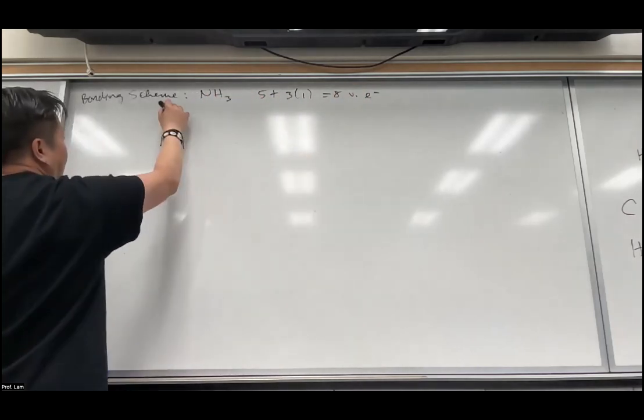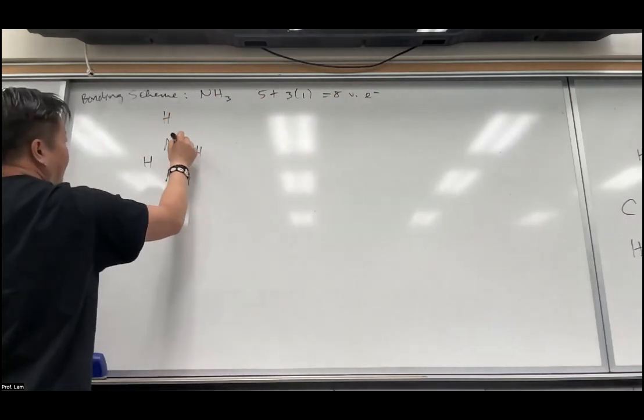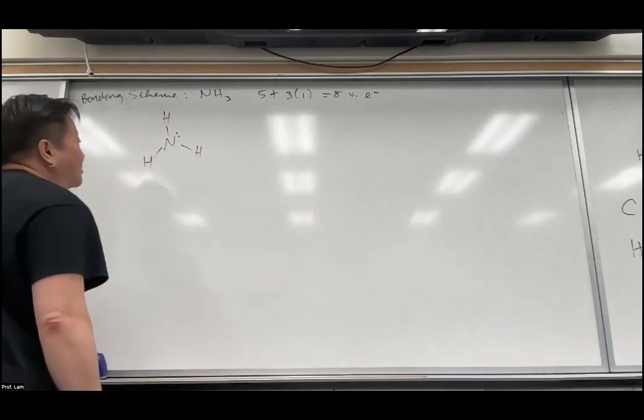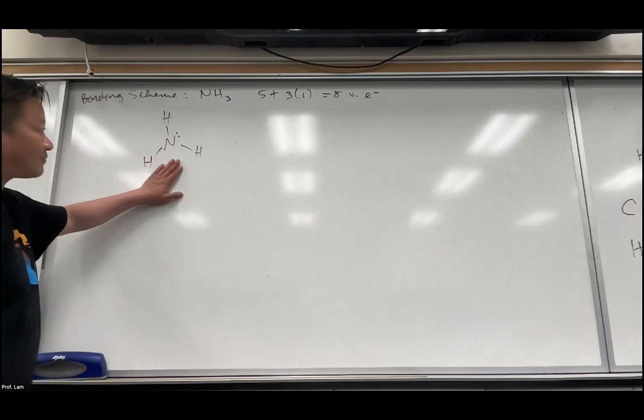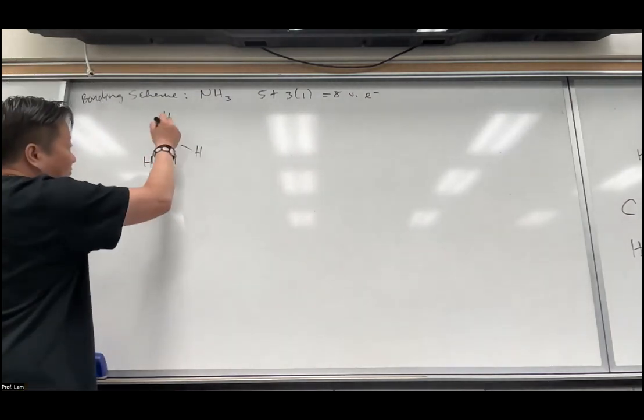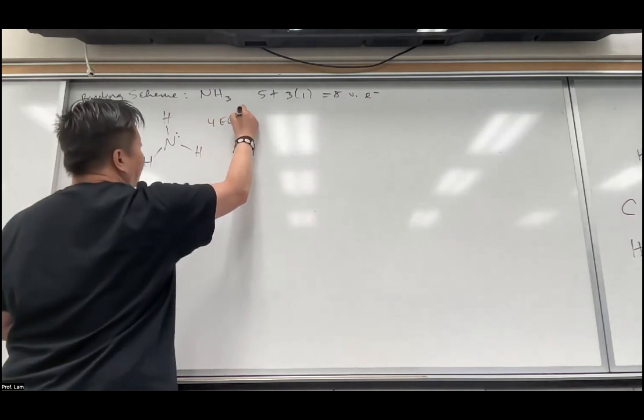Nitrogen is going to be in the middle. Hydrogen like that. Single bonds. 2, 4, 6. I need 8, so 2 more on the nitrogen. And all of a sudden, I see that it's 4 electron groups, right, guys? 1, 2, 3, 4. That's 4 electron groups.